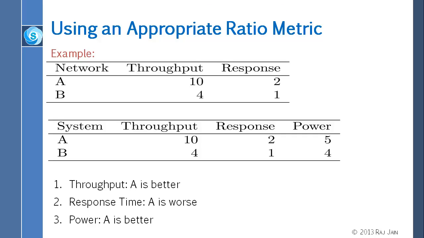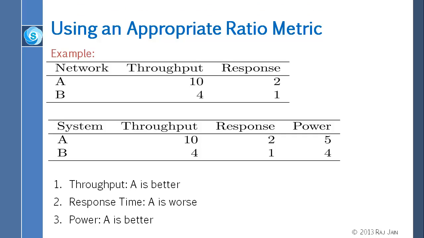So here, if you just use the throughput metric, you would say system A is better. Higher is better. Throughput of 10 is better than 4. On the other hand, if you use response time as a metric, you would say that B is better than A. Right? So why get into that debate? Just use the power, and then you can say A is better than B overall, considering both throughput and response time.